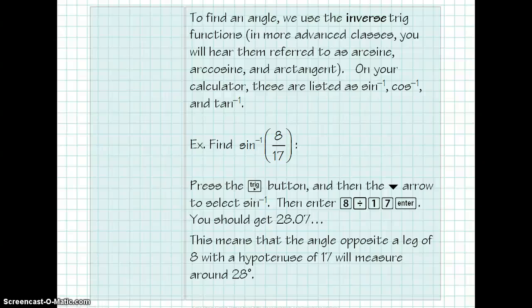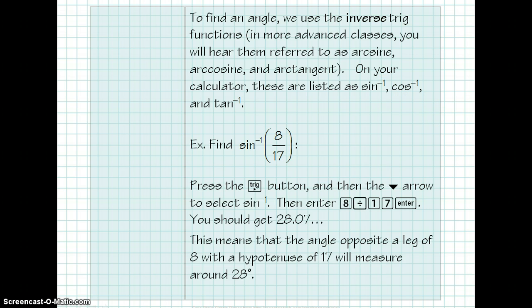We're just going to call them inverses right now. There's reasons why it's kind of complicated. Anyway, on your calculator, these are going to be listed as sine -1, cosine -1, and tangent -1. These negative ones aren't really exponents. They're just telling you that these are the inverse ones.